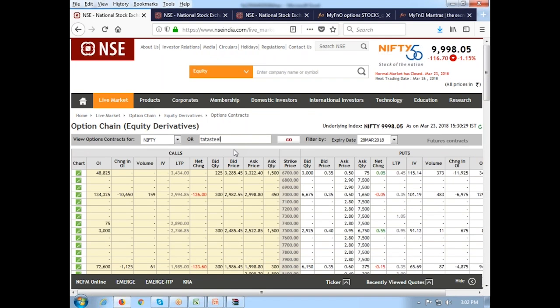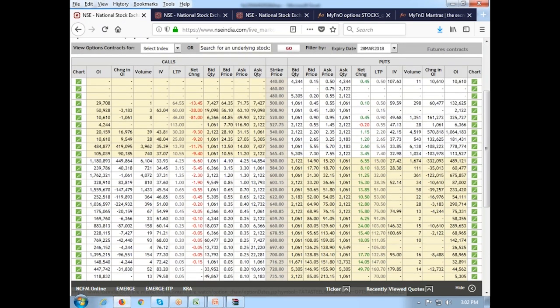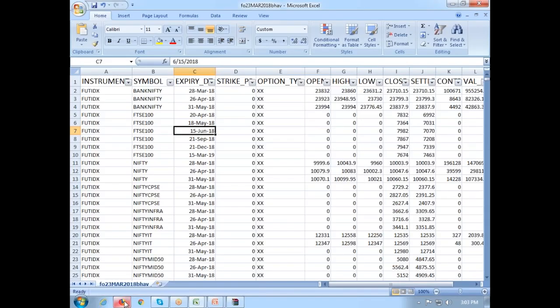You type the name of Tata Steel and you will get the strike prices. You see in the strike prices you have 565.45, 584.30. This is due to a corporate action change which happened a few days back. There was a rights issue, that's why you are getting strike prices like this. You will not get it after, let's say, a couple of expiries later.